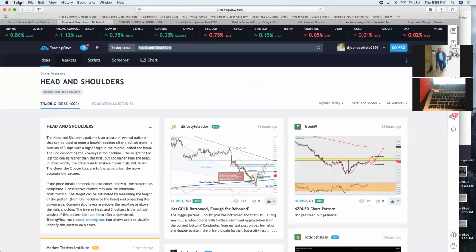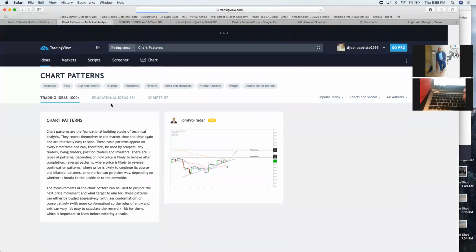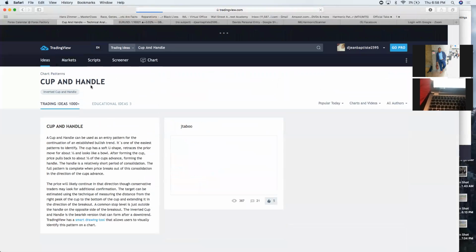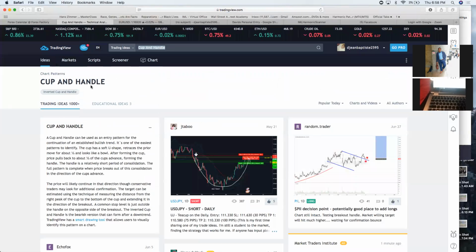All right. So once again, there's a lot of different chart patterns that you're able to use: parallel channel, wedges, double top and double bottom, cup and handle. For those that don't know cup and handle, this is also known as the teacup.